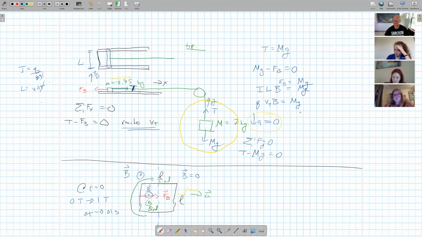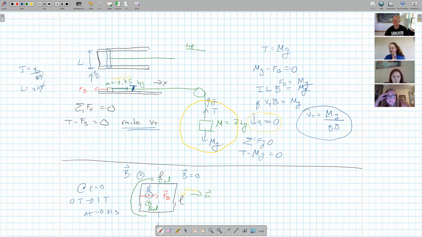Okay. Good. So finally, putting everything together, the terminal velocity is going to be equal to mg divided by q times B. So that should be the terminal velocity.